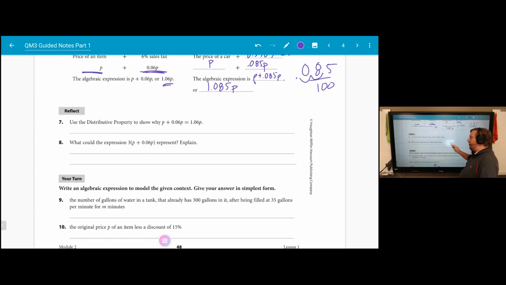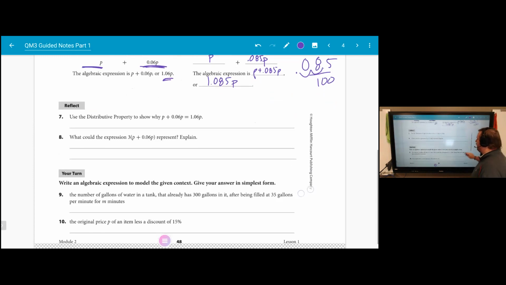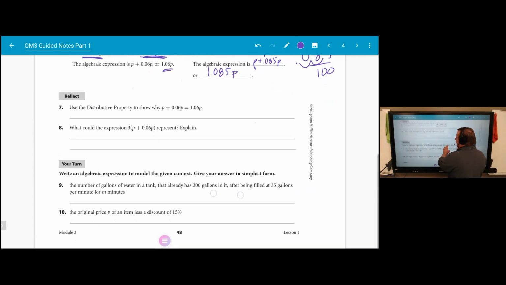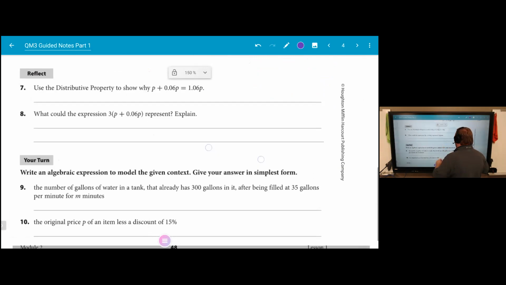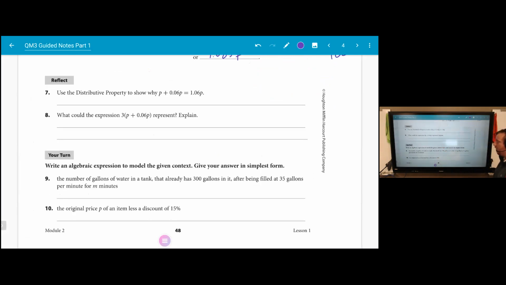Okay, I am going to skip 7 and 8 here on the reflection and get right into the your turn. It says write an algebraic expression to model the given context. Give your answer in simplest form. The number of gallons of water in a tank that already has 300 gallons in it after being filled at 35 gallons per minute for m minutes. That's a lot. Let's look here. The number of gallons in a water tank that already has 300 gallons in it.